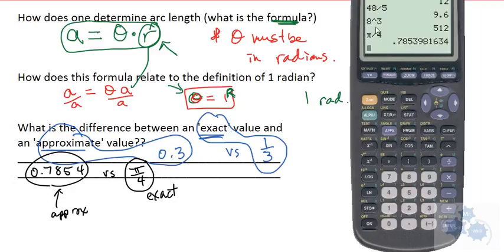So pi over 4 carries with it the infinite number of decimal places if you write it as pi over 4. That's exact. As soon as you write the decimal, you have to round it somewhere. See how I rounded it here? 0.785. As soon as you have to write a decimal and chop off some of the decimal places, it's not exact anymore.